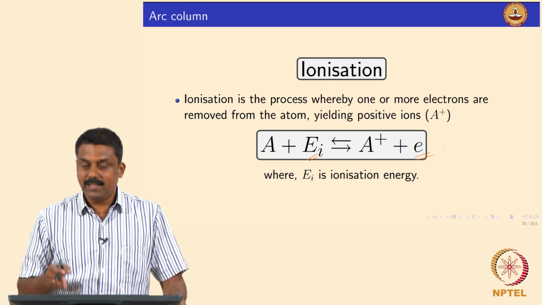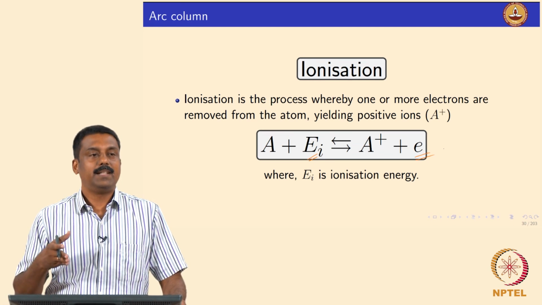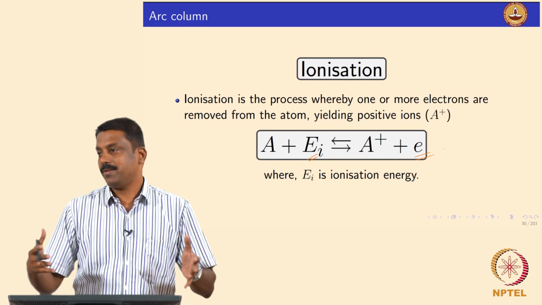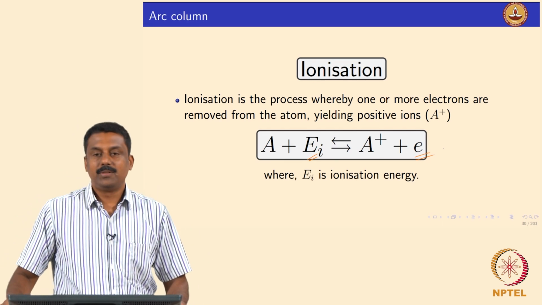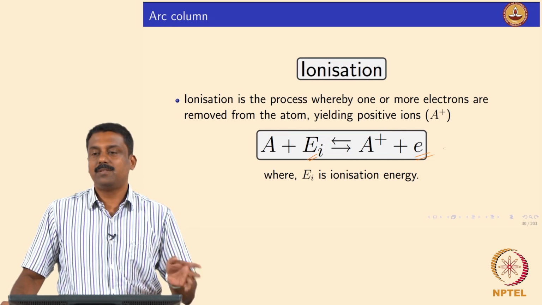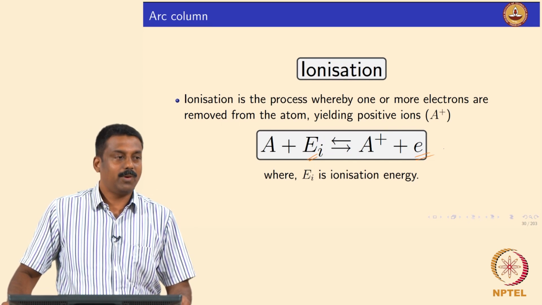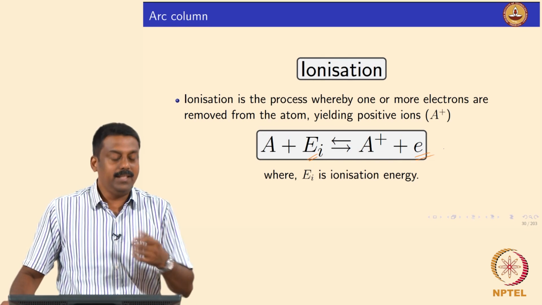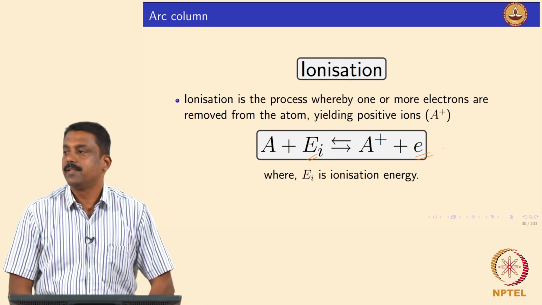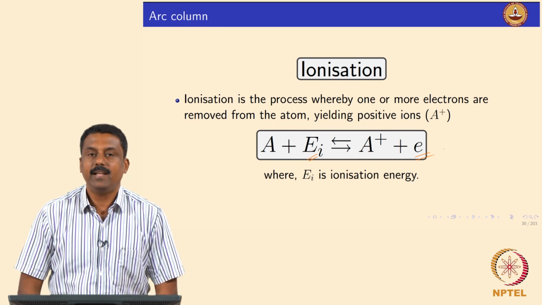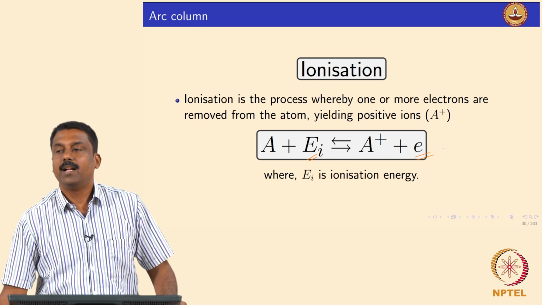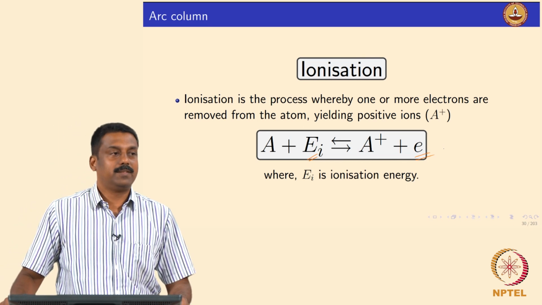This is the very basic reaction that helps in sustaining the discharge. So you pump up electrons by thermionic emission, and once those electrons attain energy equal to the ionization energy, they can trigger ionization in subsequent reactions.